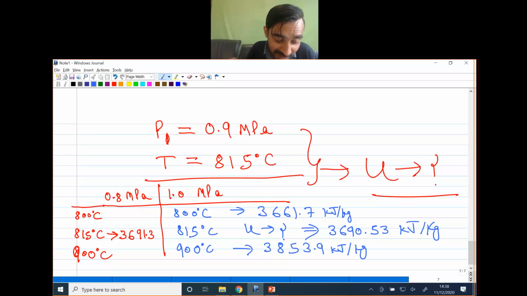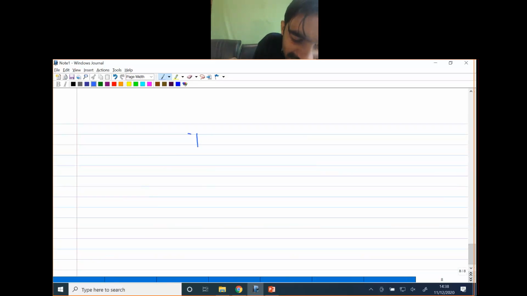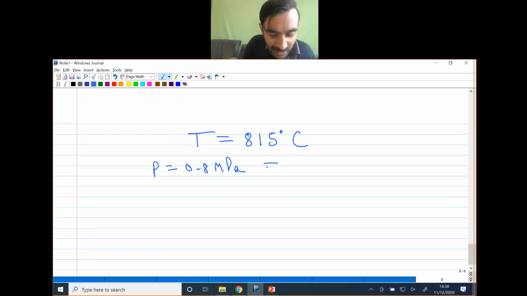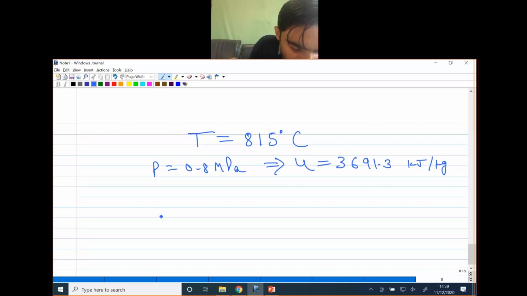Now you can clearly see that the temperature of 815 is already catered in both the situations. So at a temperature of 815 degrees Celsius, for a pressure of 0.8 megapascals, the value of my internal energy is 3691.3 kilojoule per kg.